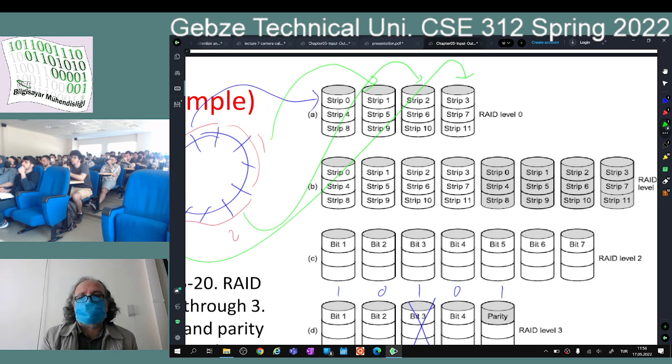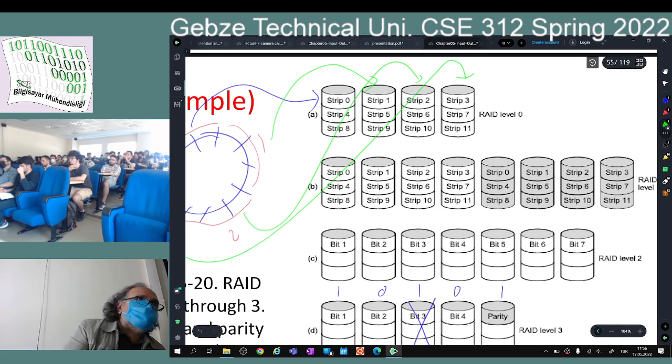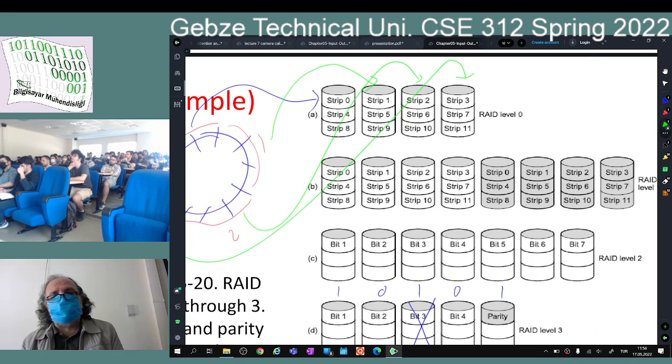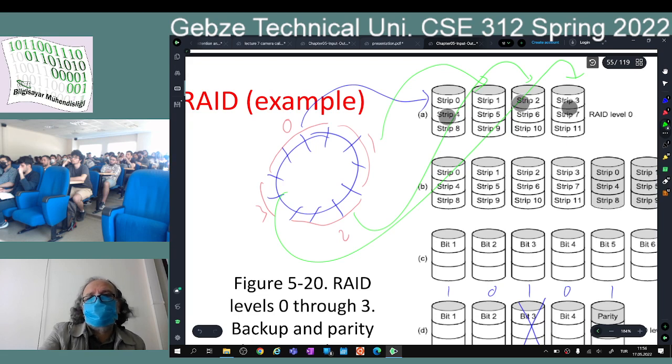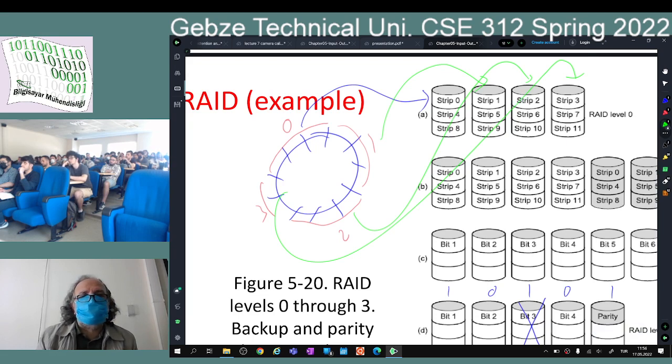Their disk heads and rotation angles have to be very carefully synchronized. Otherwise, I cannot read the same byte from all of them. If you'd like to avoid this kind of bit-based synchronization between your disk drives, then you do this strip-based synchronization, which is much simpler.